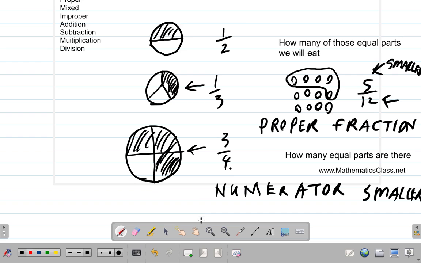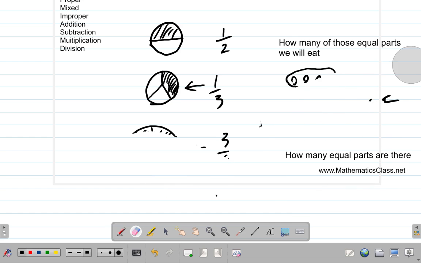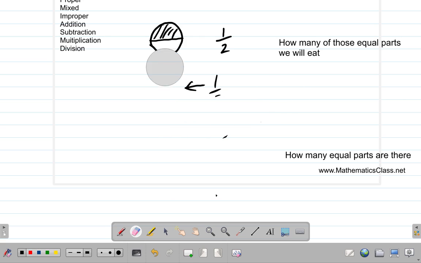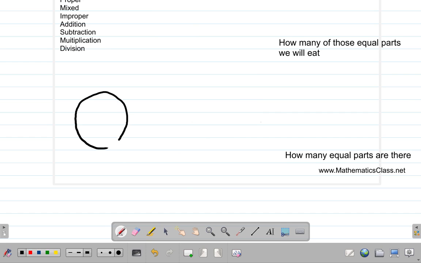Let's consider another situation, another fraction. Suppose I draw one bulla, then I draw another bulla.